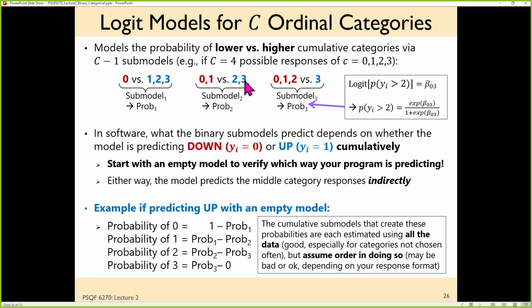But if you look at the differences, if I want to know about a 1, I can take the prediction from the first model, the probability of 1, 2, or 3, subtract from it the prediction of 2 or 3, and then I've isolated what 1 is. Likewise, if I want to know about 2, I take 2 and 3, and remove 3, and then I've got 2. So you still get the probability of any answer, all 4 of them, even though the model is organized in this weird way.